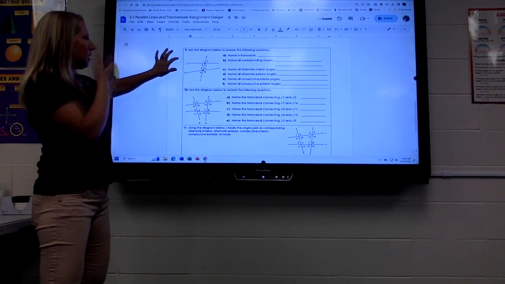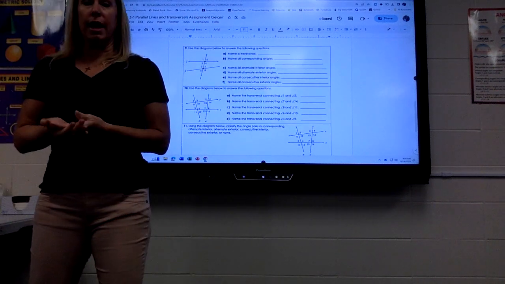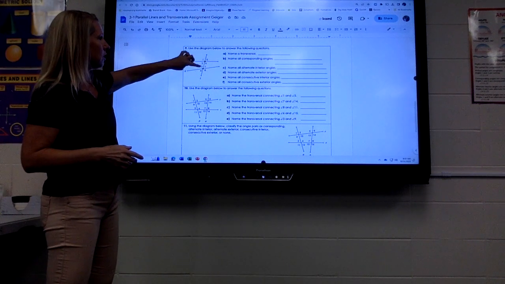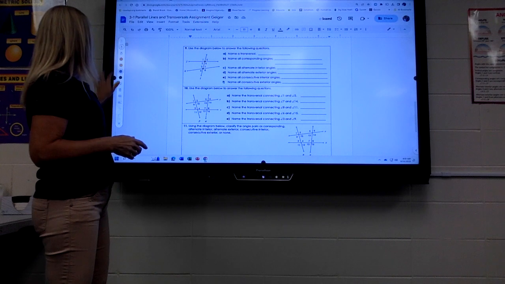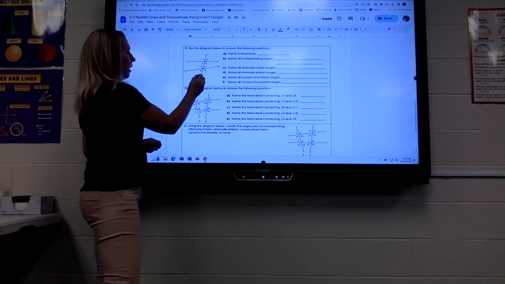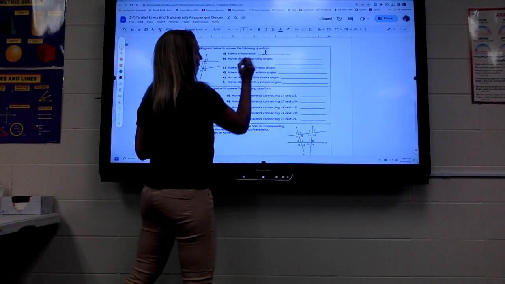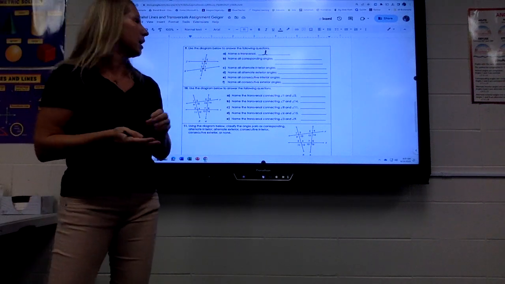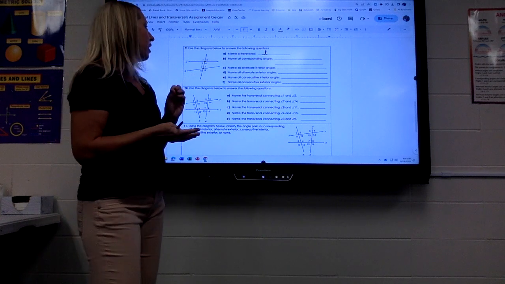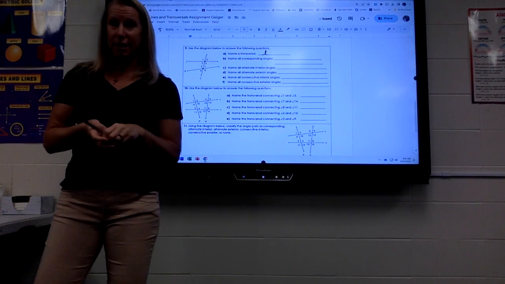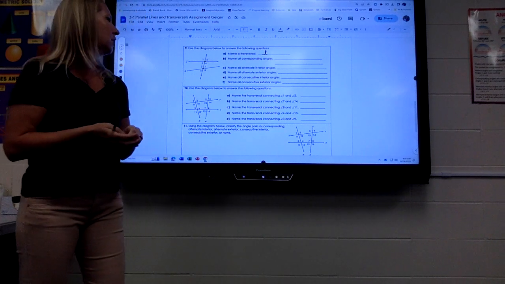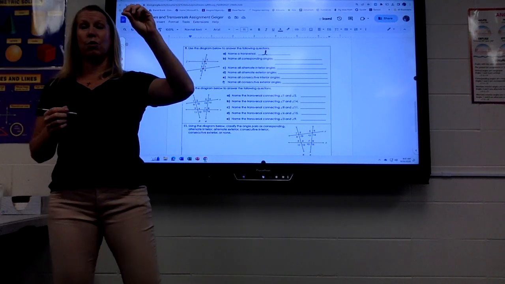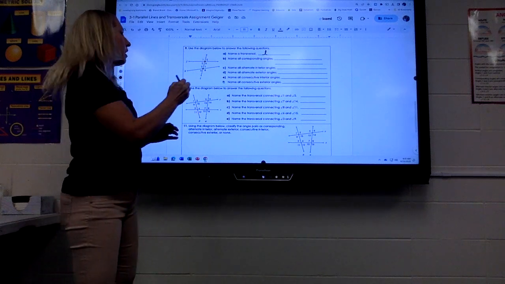So on this one, you're going to name the transversal. So the transversal is that line that intersects. So that line would be line L. That would be the transversal. And then you have to name all the corresponding angles, all the alternate interior angles, alternate exterior, consecutive interior, consecutive exterior. So like for example, the corresponding angles are the ones that have 1 interior, 1 exterior.